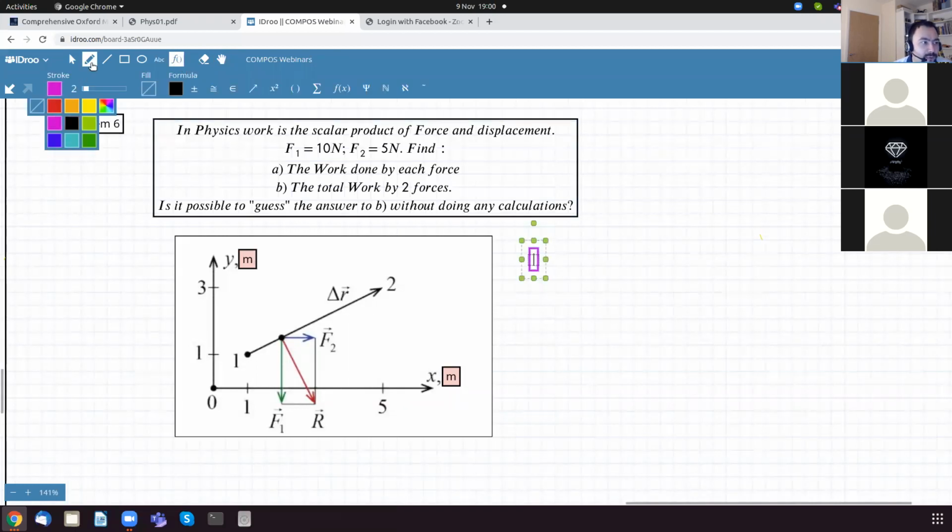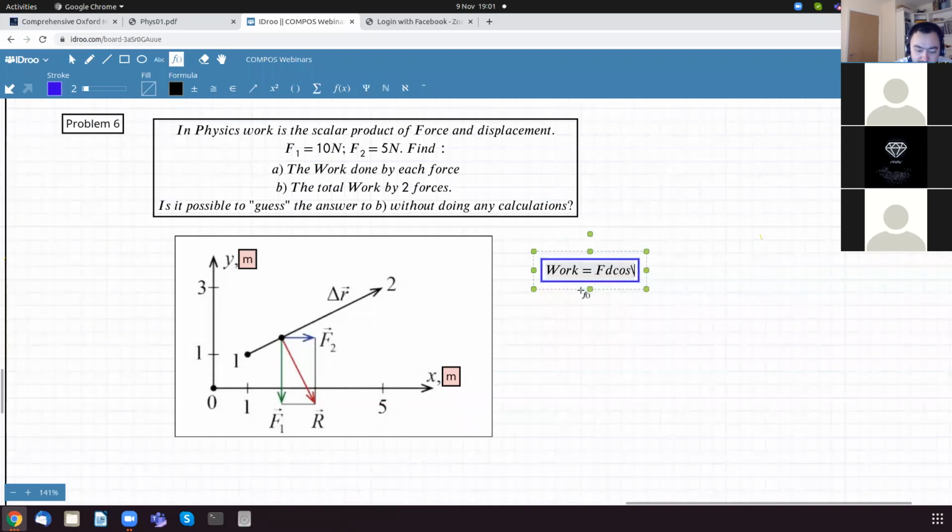If you look at the more advanced formula for work, the work is force times distance times the cosine of the angle between them. That looks suspiciously familiar. This is actually the dot product.